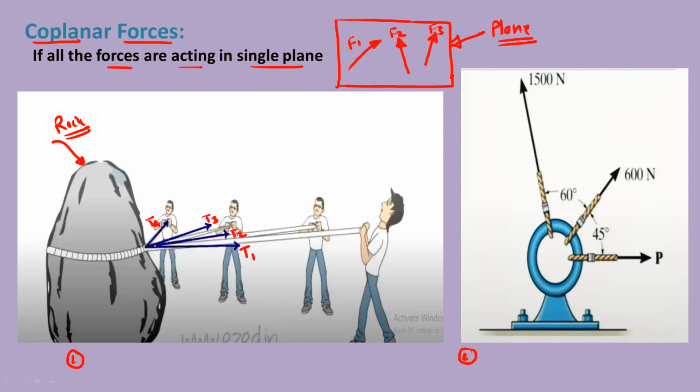All these forces are lying in the horizontal plane. So if you draw one plane, this is one horizontal plane.